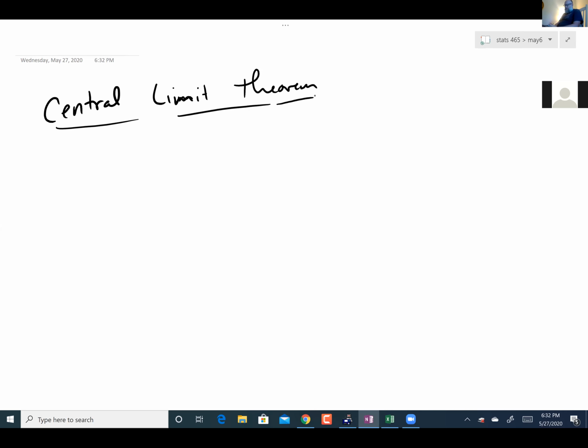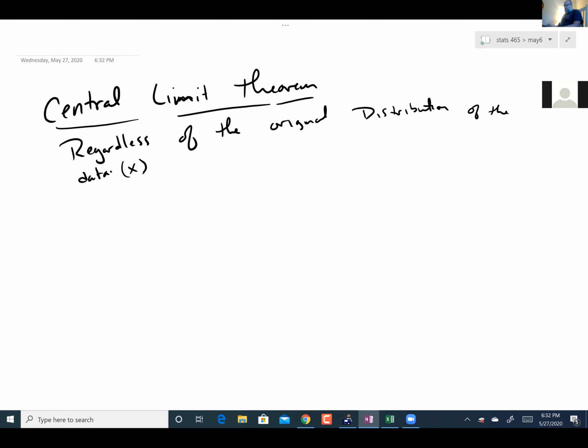Okay, the central limit theorem says this: regardless of the original distribution of the data, that's the x's, regardless of what they came from, it doesn't matter. Could be binomial, exponential, Poisson, hypergeometric, some weird distribution you never heard of before, or a uniform distribution where everything has exactly the same probability. Doesn't matter.